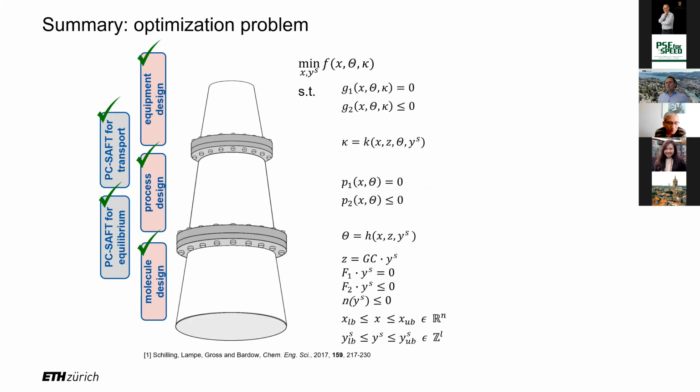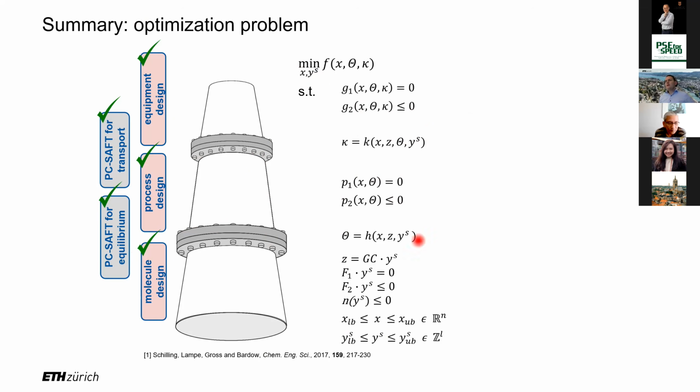Okay, so we put all this together. Till now, I spared you mostly equations. And how does the problem look like? Now, it looks like a standard optimization problem. Basically, it's a mixed integer nonlinear programming problem where we do have different equations for the equipment design. We have the transport model for the transport properties. We have a model for the process.